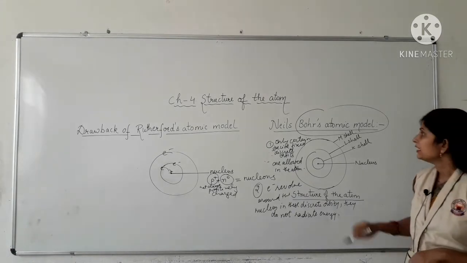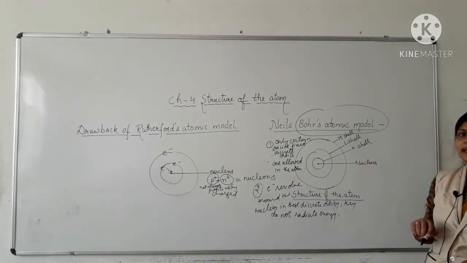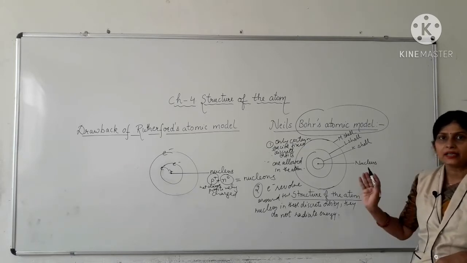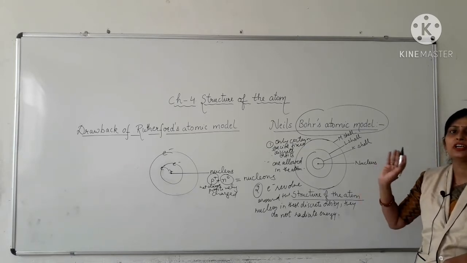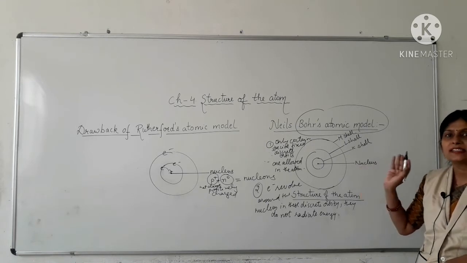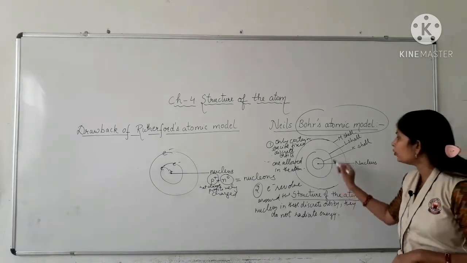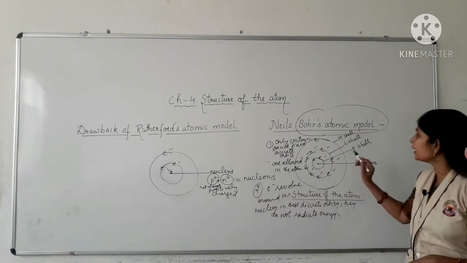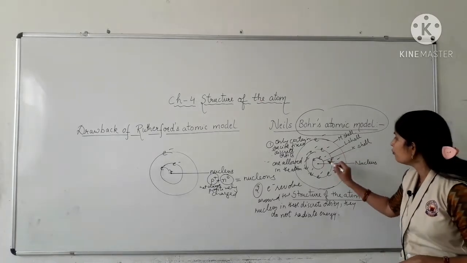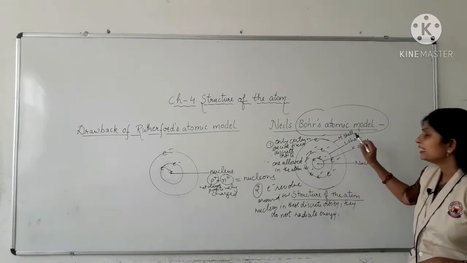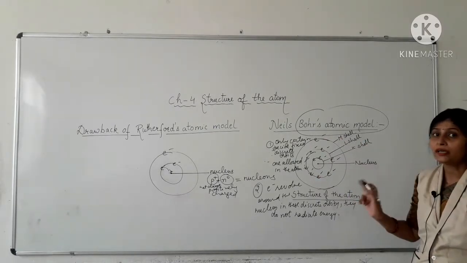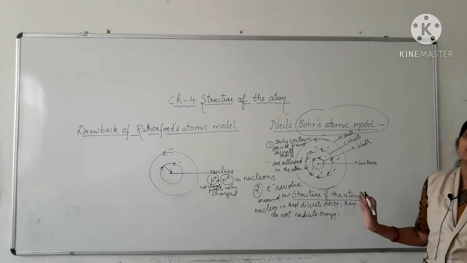What are they? Niels Bohr said that only certain special fixed orbits called discrete orbits are allowed or present in the atom. Secondly, when electrons move around the nucleus in these discrete orbits, they do not radiate energy.